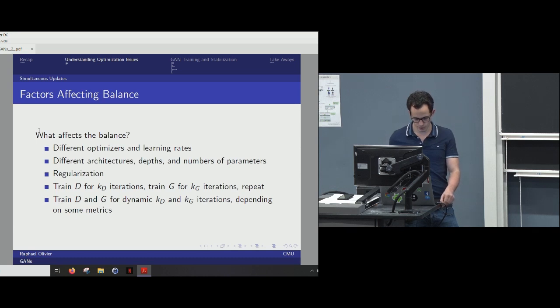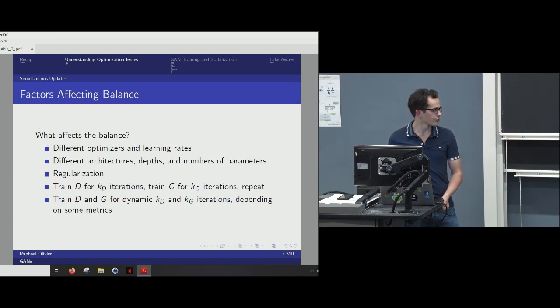Every hyperparameter you can think of, what optimizer you're using, what learning rates you're using, the architectures of your networks. If you use some regularization like batch norm or dropout, etc. If you decide to use batch norm on the generator, it's going to make the generator hopefully train faster, but then it's going to affect the balance with the discriminator. So you may have a lot of problems that you don't want.